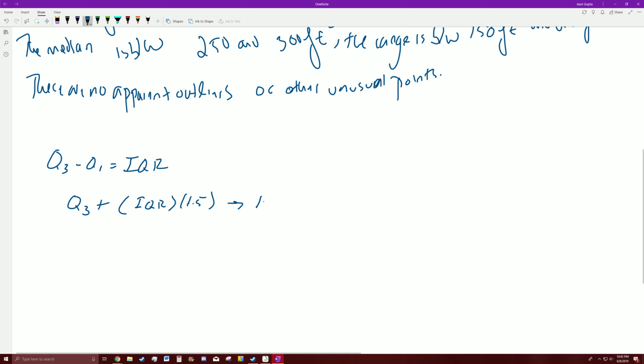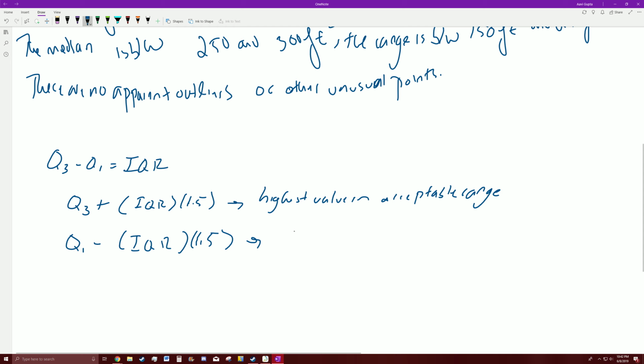This is your upper max, and then Q1 minus your IQR times 1.5. This is your lower. We'll just call it the highest value in the acceptable range, and then the lowest.